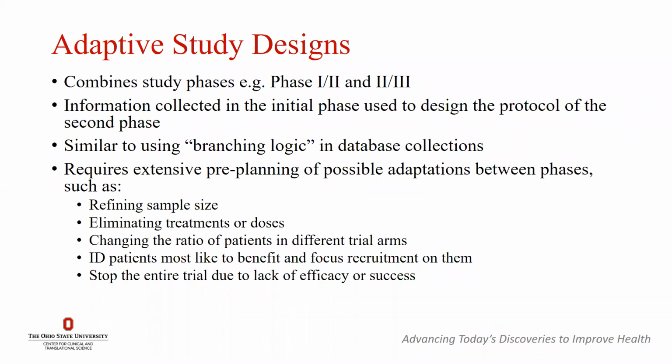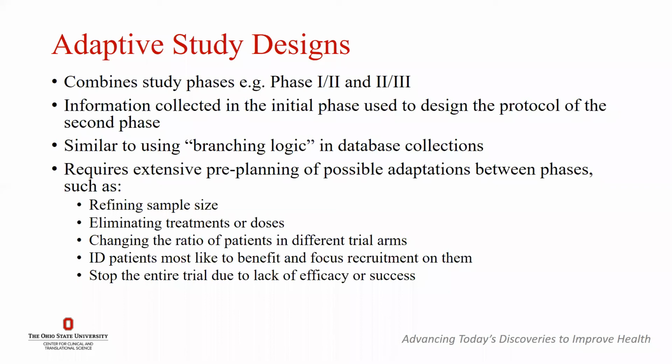Another type of study design that we are seeing more of is the adaptive study design. This is where we are actually combining some of the study phases. I've actually seen it with some of the gene therapy trials, where information from the initial phase, the efficacy and the PKs, is used to then design how we are going to carry out phases 2 and 3.